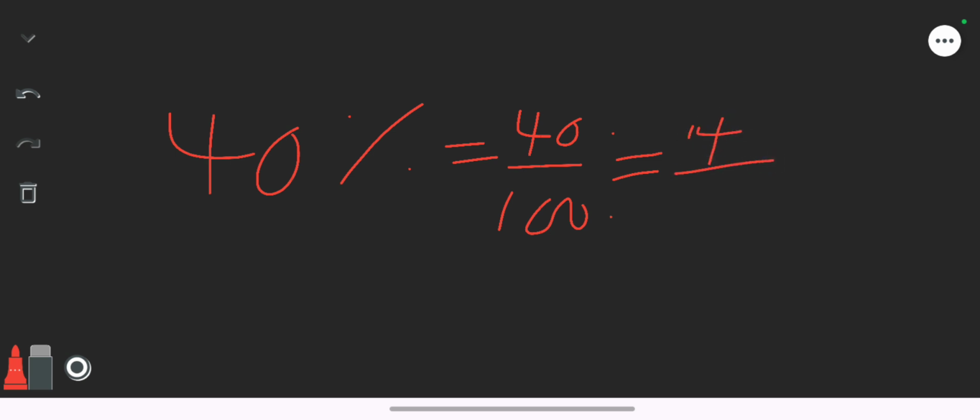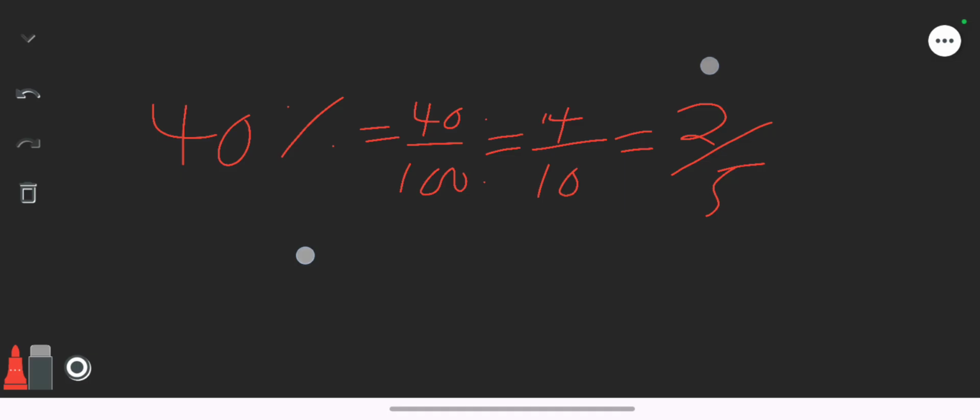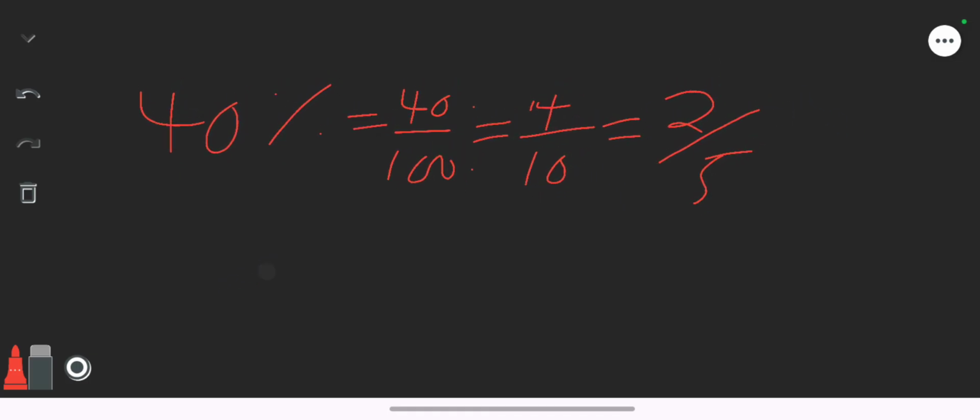When we simplify, we are going to get 4 over 10, and then we are going to further simplify it, and then we'll end up getting 2 over 5.